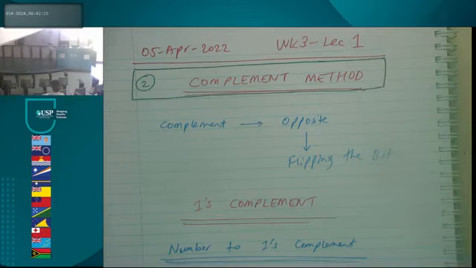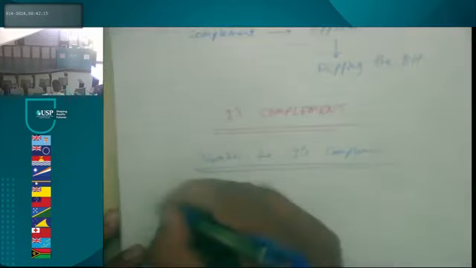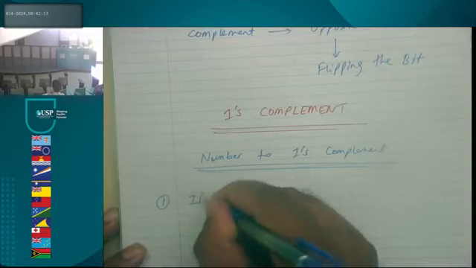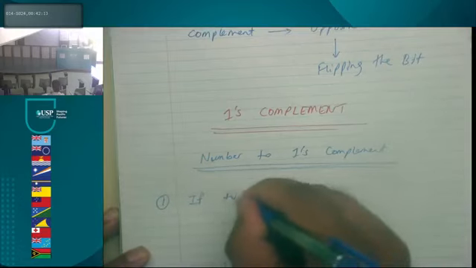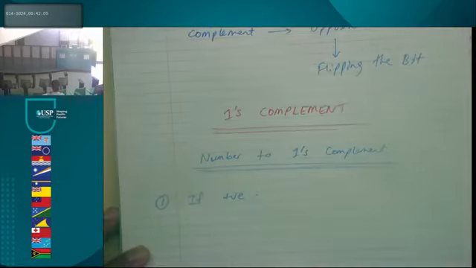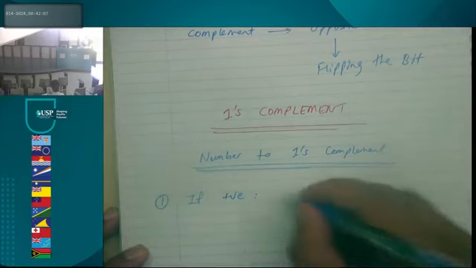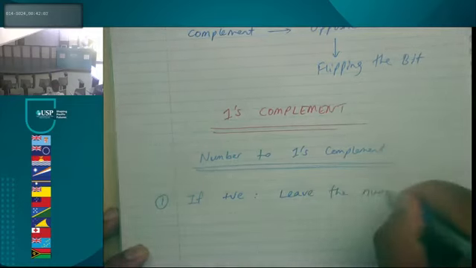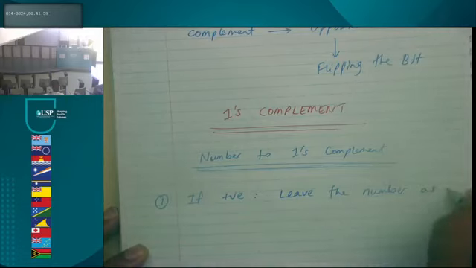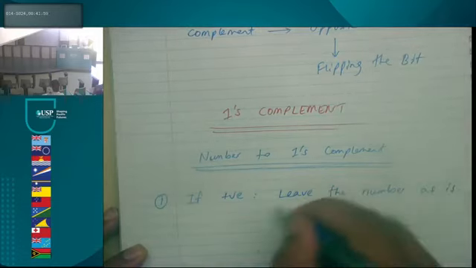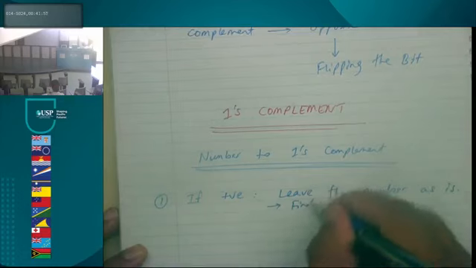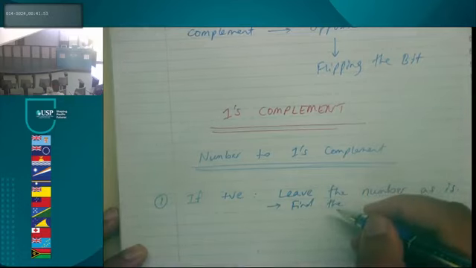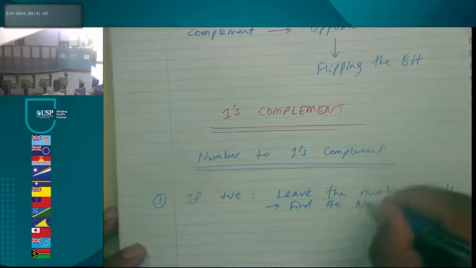Now in the one's complement system, straightforward, two rules. Number 1, if it is a positive number, then we leave the number as is and we find the natural binary.